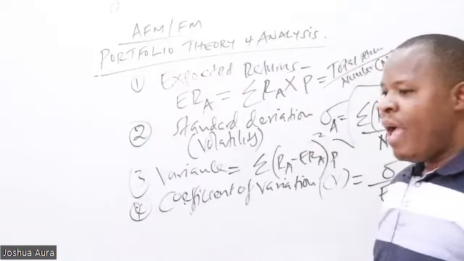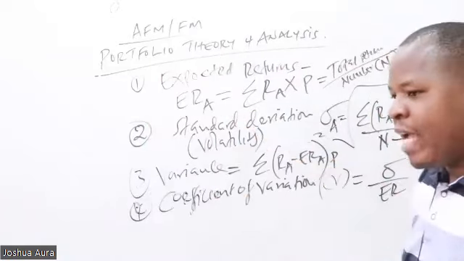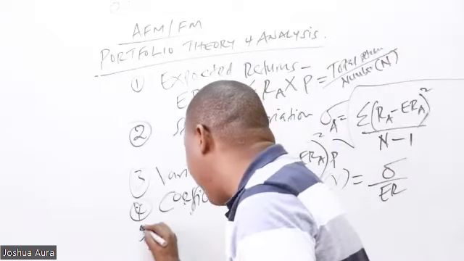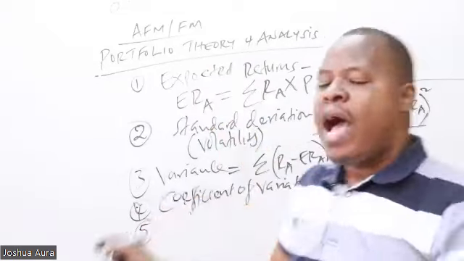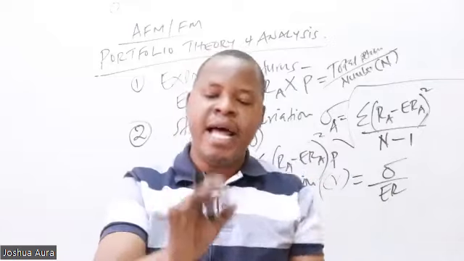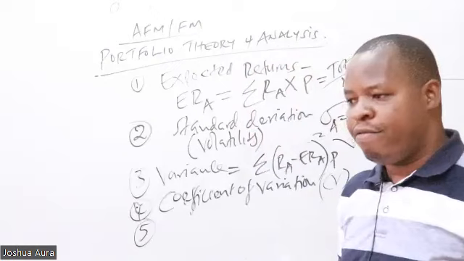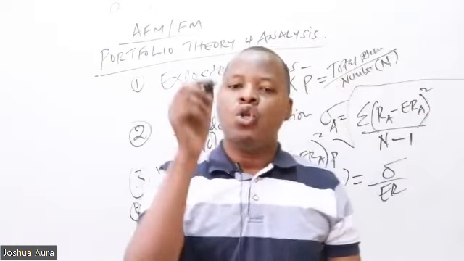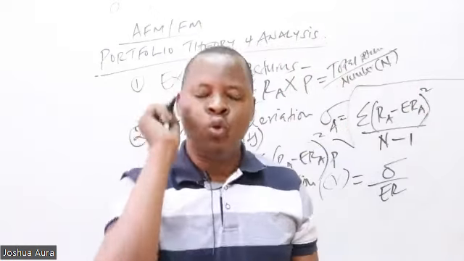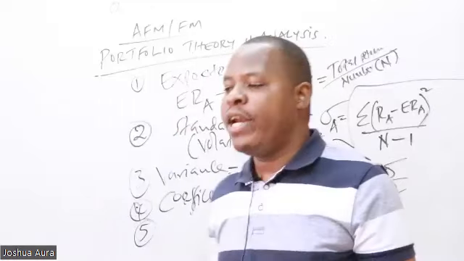Now, allow me to move to item number 5. What are you supposed to know about portfolio theory and analysis? Item number 5 is now to calculate portfolio risk.